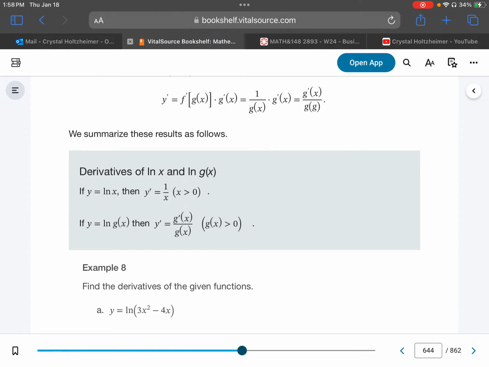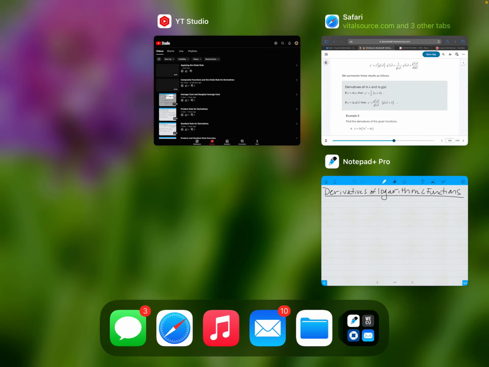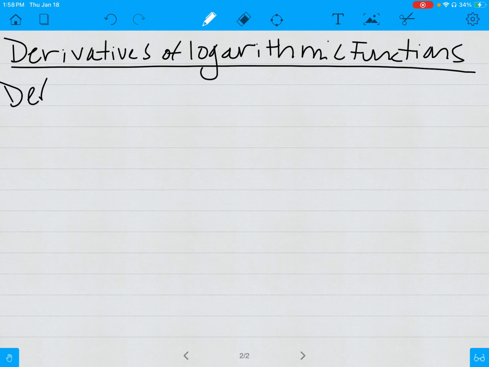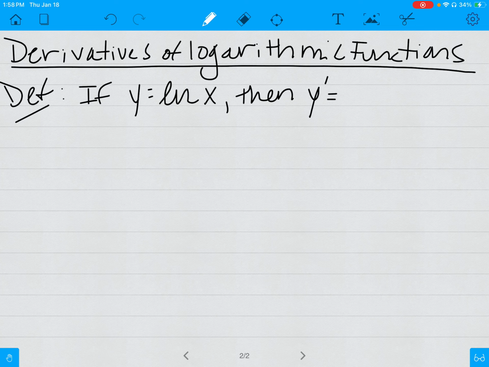Basically what these two things are saying in our definition is that if we have a function that's the natural logarithm of x, then the derivative of that function is 1 over x, provided that x is greater than 0, because the domain of the original function, natural log of x, is only defined when x is greater than 0. And also you'll notice here, if x were equal to 0, we would get an undefined derivative.